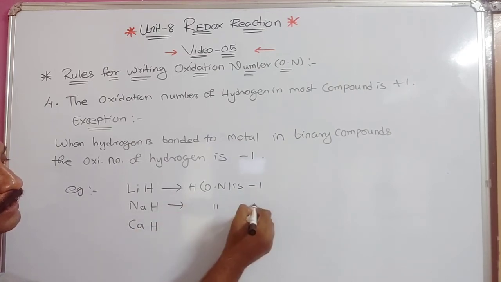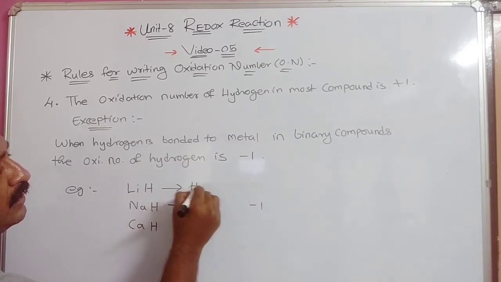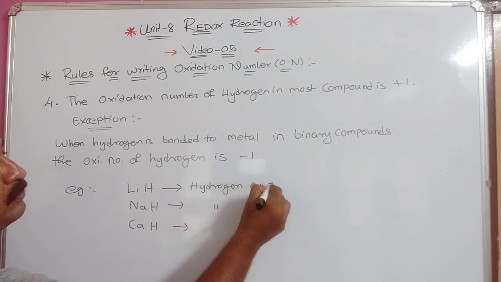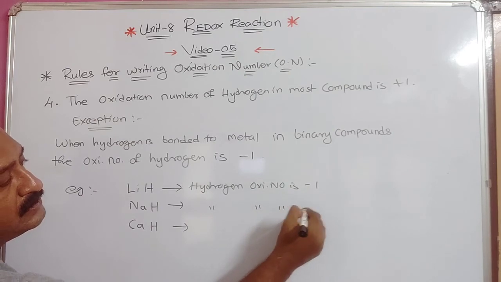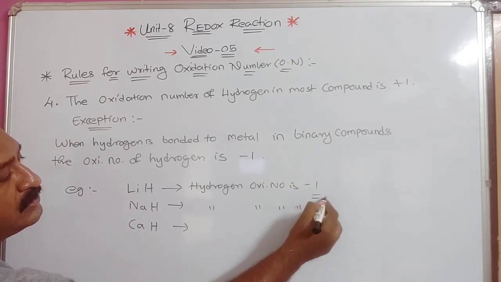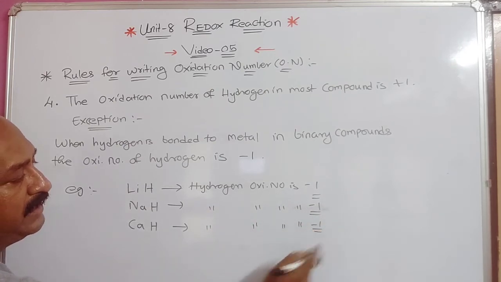In all three cases it is -1. Understood? So don't forget this, in metal hydrides, that is in binary compounds.